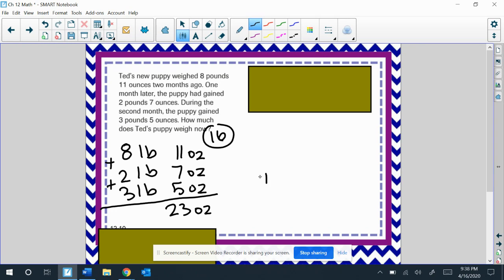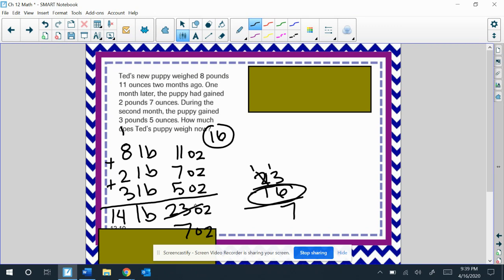So I'm going to do 23 subtract 16. 7. I now have 7 ounces. But because I took one whole away, I'm going to circle it and I'm going to put one whole over here. I have 14 pounds and 7 ounces.